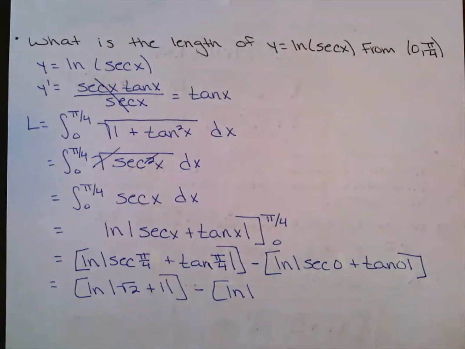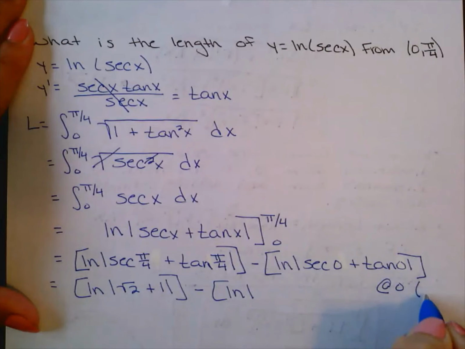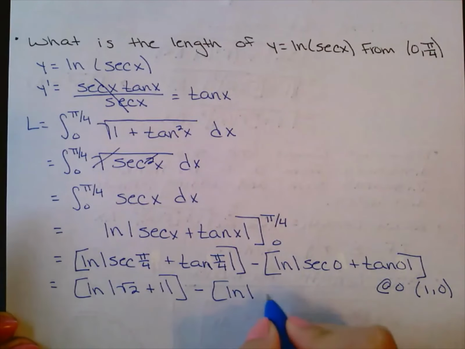I have an issue here because tangent of 0, remember at 0, let's put a little side note here. At 0, my ordered pair is 1, 0, okay? So if secant is the flip-flop of cosine and I flip 1, 1 over 1 is still 1.